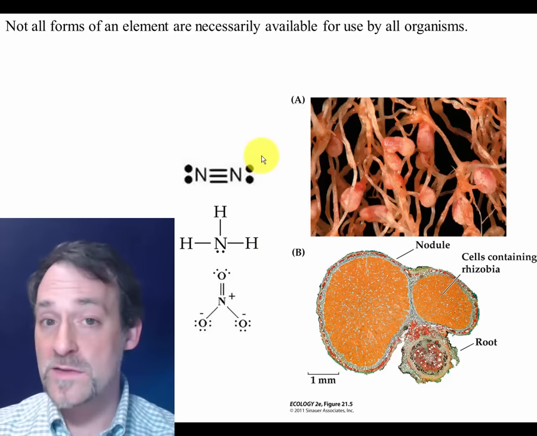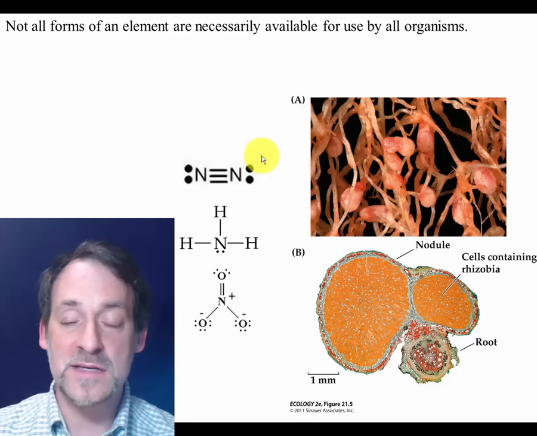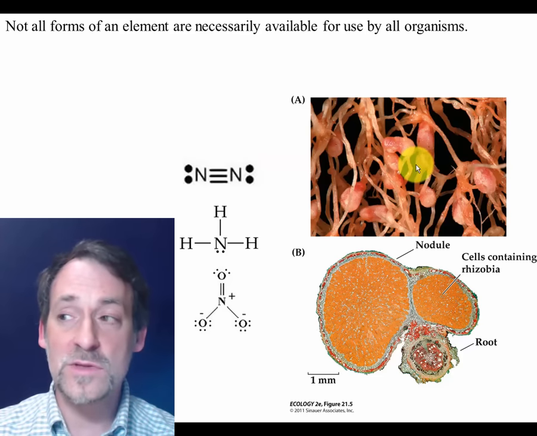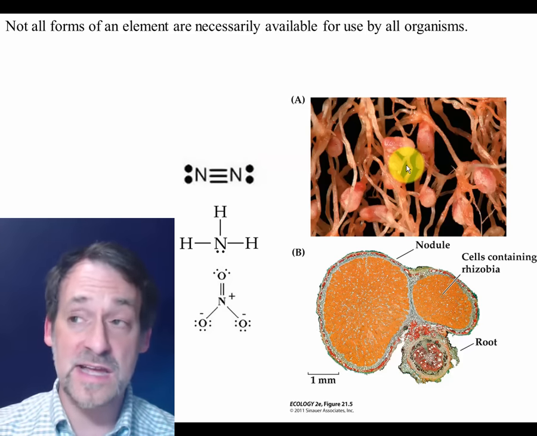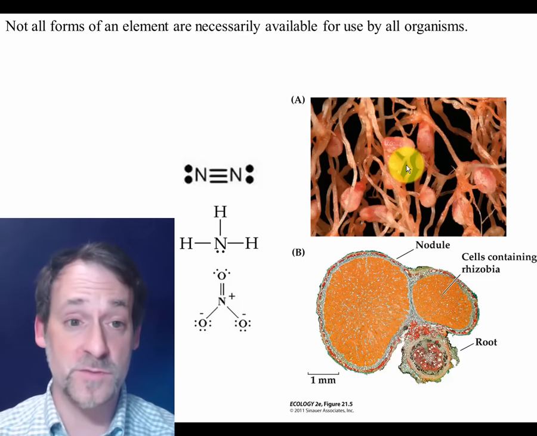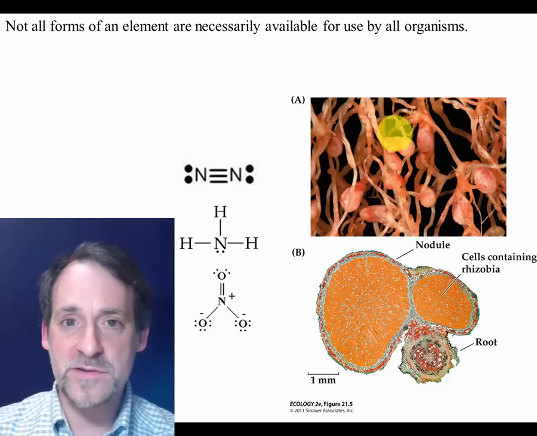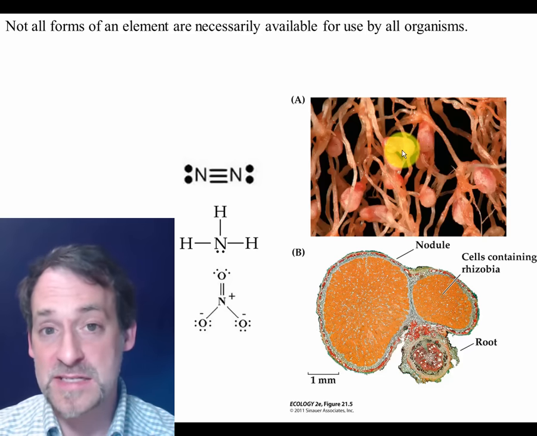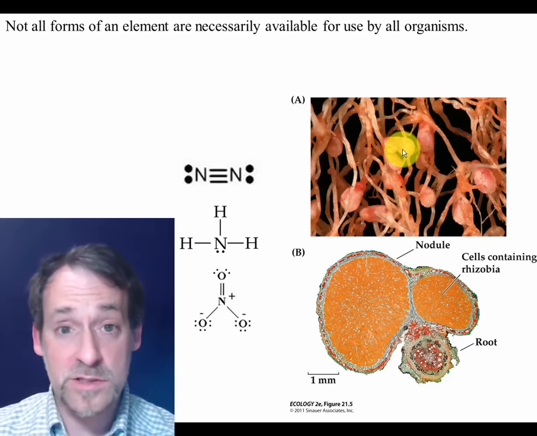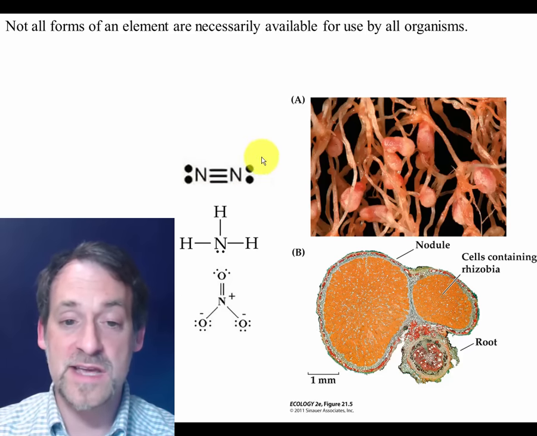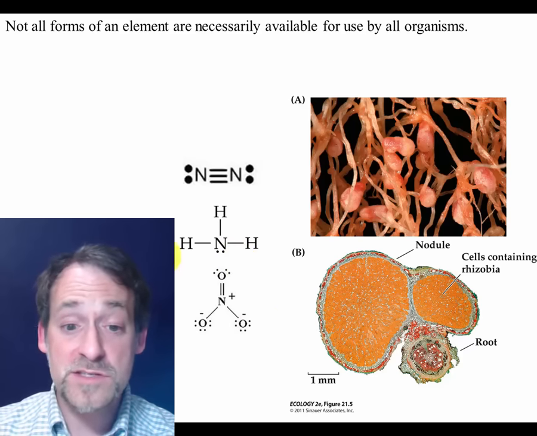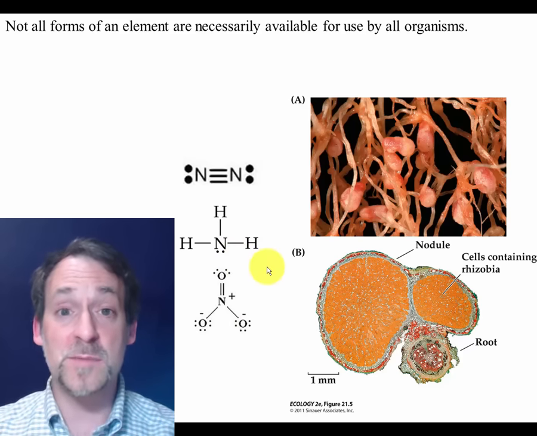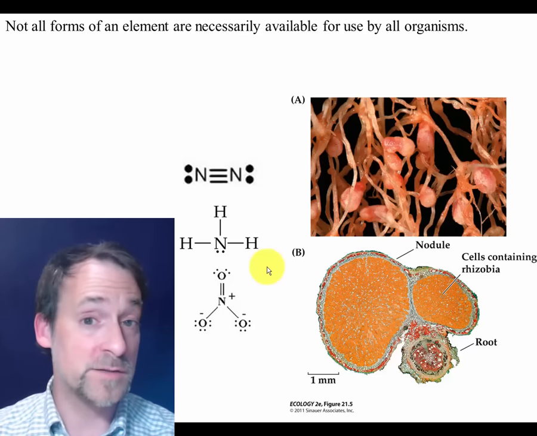So for example, one of the things we're going to talk about is that there are only a few organisms that can carry out certain chemical transformations. When we get to the nitrogen cycle, we'll be talking a little bit about nitrogen-fixing bacteria. They're some of the only organisms on Earth that can take atmospheric nitrogen, this gas, and turn it into one of these forms. These are the forms that plants can actually take up and use to build plant matter.